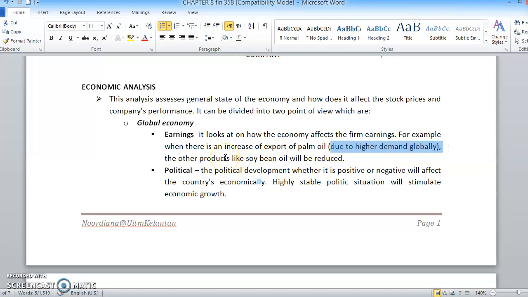So what happens to the other products, such as soybean oil, corn oil and so on? They will be reduced, right?